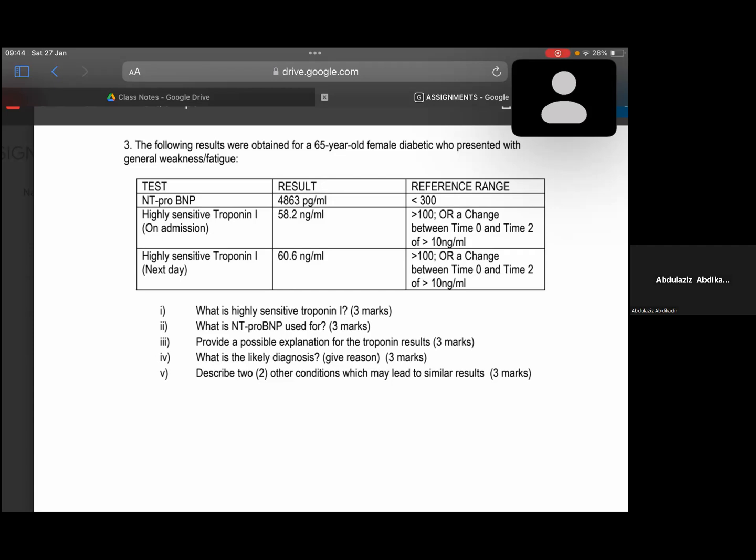I've explained it in a way, so if you got the gist of it, you can easily explain here. What is the explanation for the troponin? It is there, but it has not reached the cutoff points. But remember, it's an indication of something when it's there.